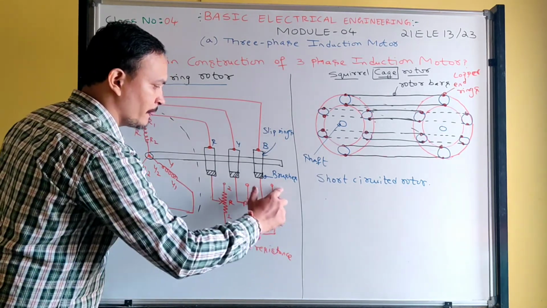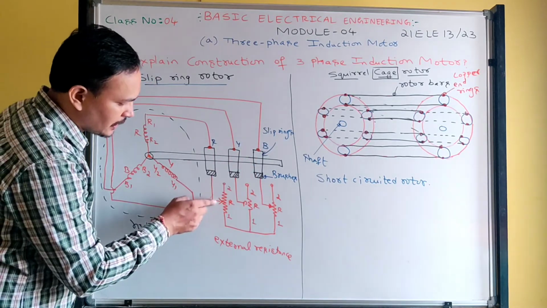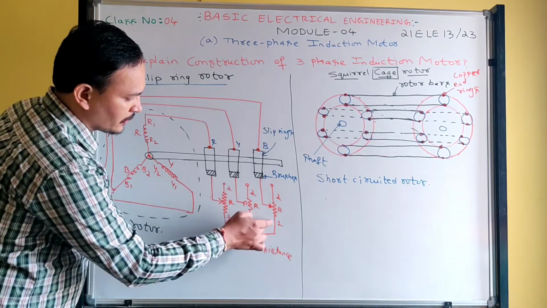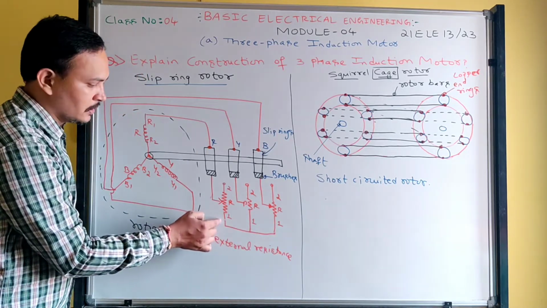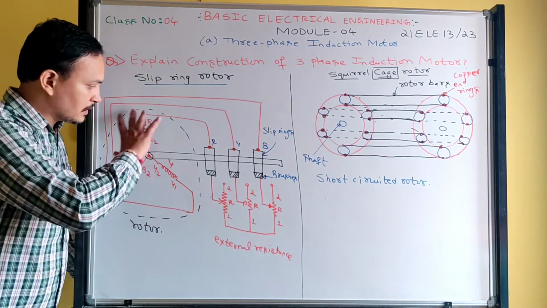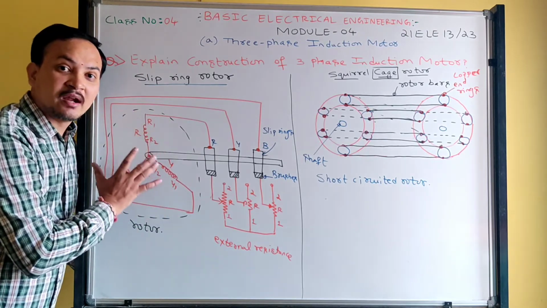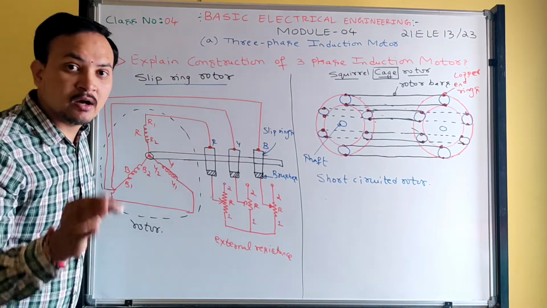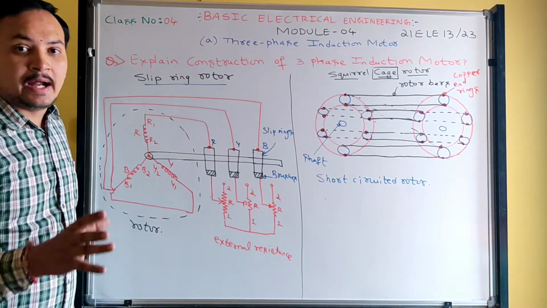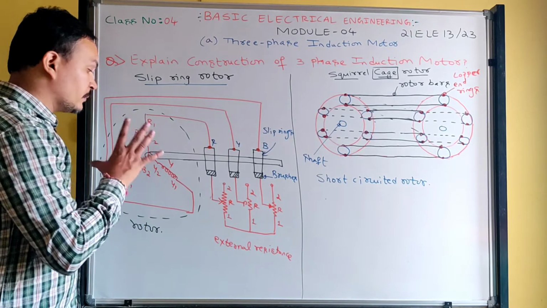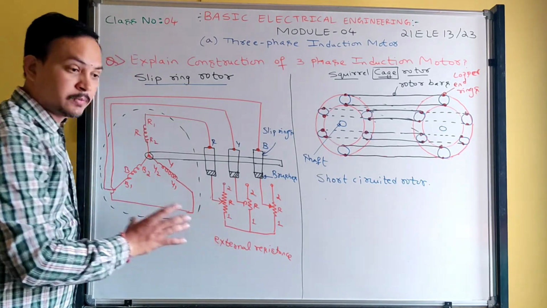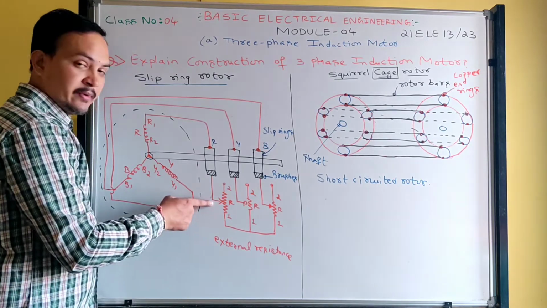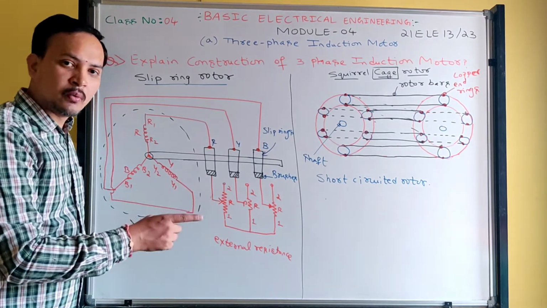When I keep this variable rheostat at position 1, everything becomes shorted. The entire rotor winding is shorted at the moment of starting. At the moment of start, keep the variable resistor point at position 1.